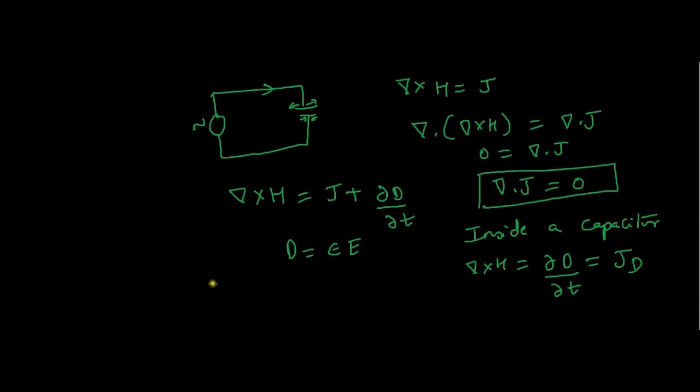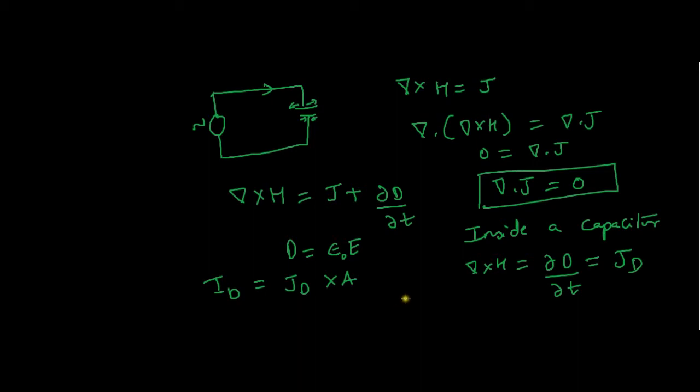Now to proceed further, we need the current here. So ID is equal to JD into A. What is JD? That is del D by del T. Here we are considering just epsilon naught because this is an air-filled capacitor.